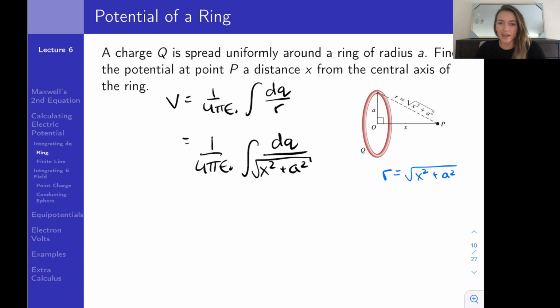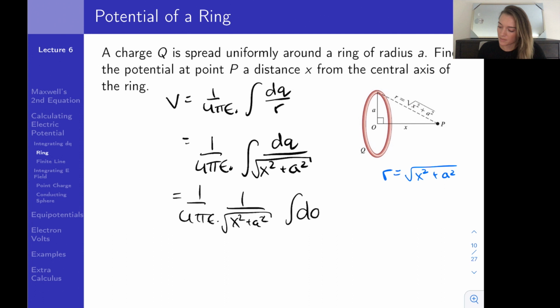And it's not going to depend on x either, since as we integrate around our ring, the x component of our ring doesn't change. It's just situated at x equals 0. So no matter what dq is, it's not going to depend on x squared plus a squared. So x squared plus a squared is going to be a constant, so we can just pull that right out of the integral. And then we're just left with dq.